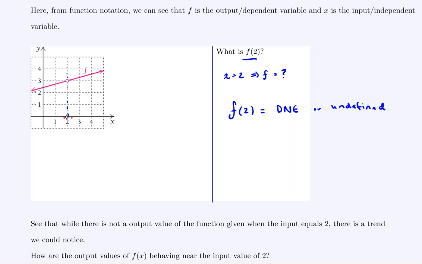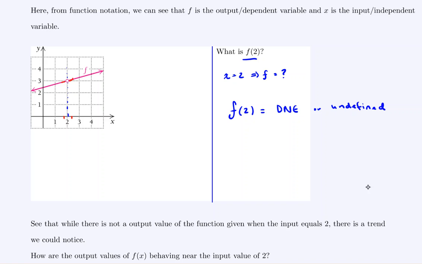For every value between these x values that I've marked a little before 2, a little after 2, there are corresponding output values. And do we agree that as I choose input values closer to 2, the output values are increasing steadily up to 3? And as I choose input values after 2 and I go closer to 2, the output values are steadily decreasing to 3.